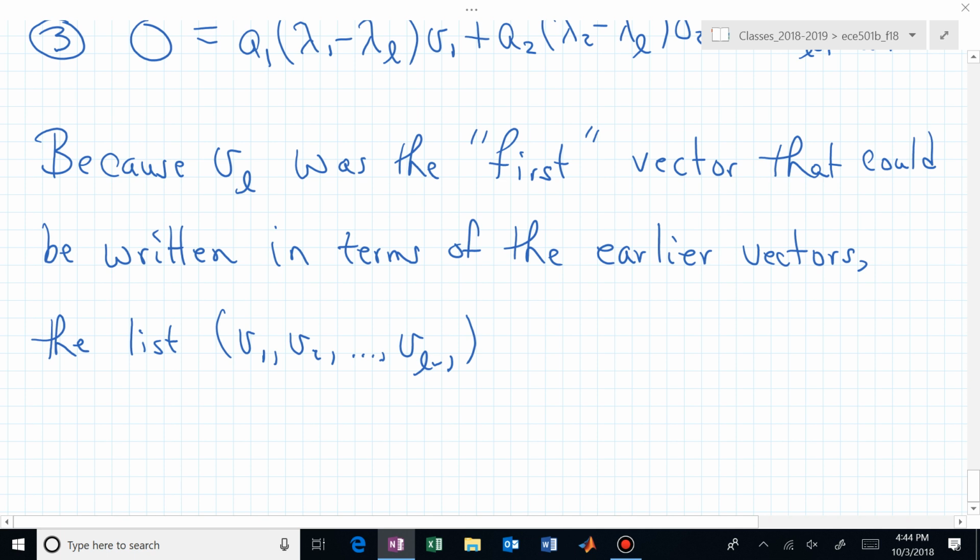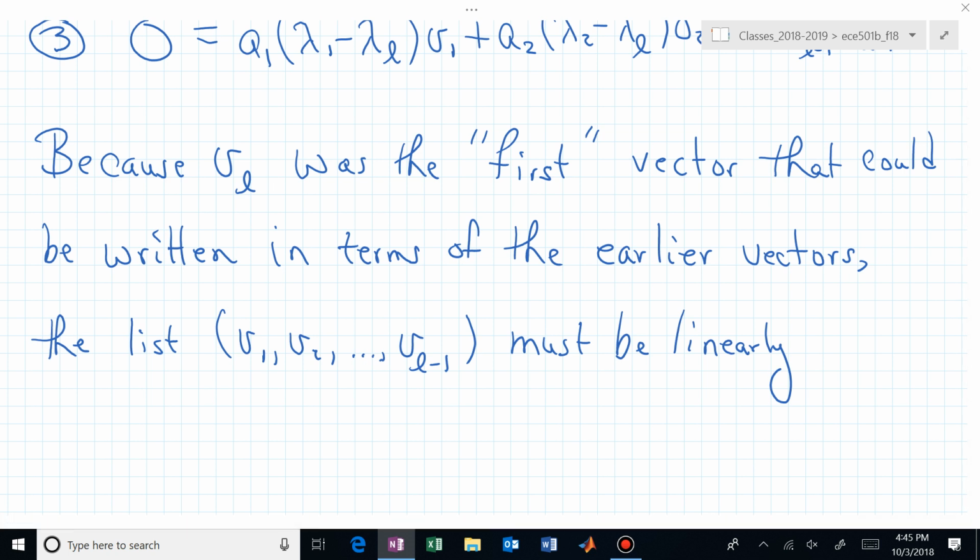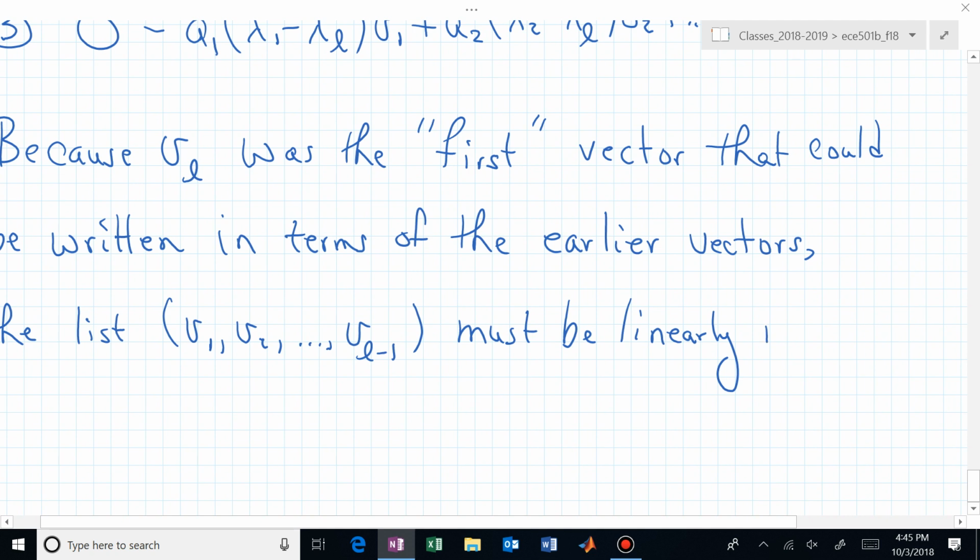What do we know about that list of vectors? They're linearly something. What are they? Dependent or independent? By the definition of V sub L, we assumed all of those were linearly independent. So now these must be linearly independent.